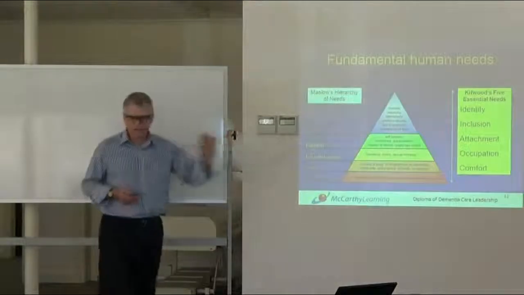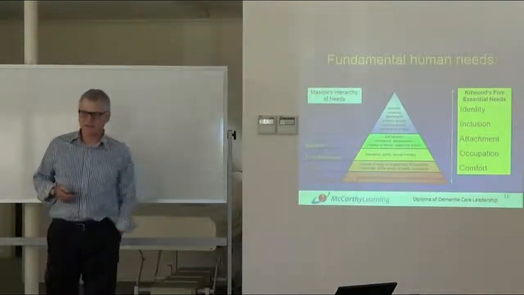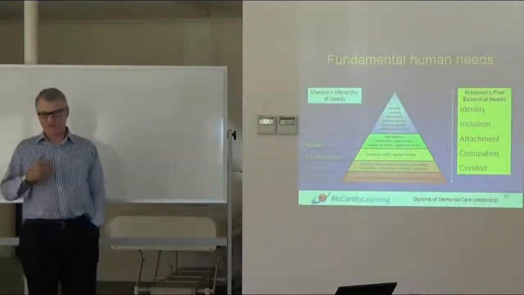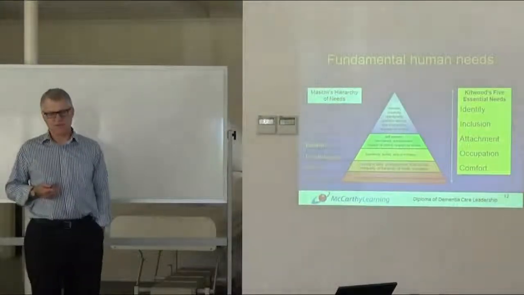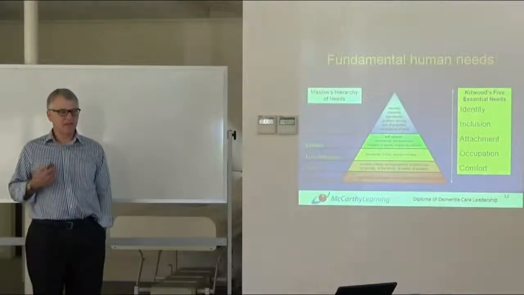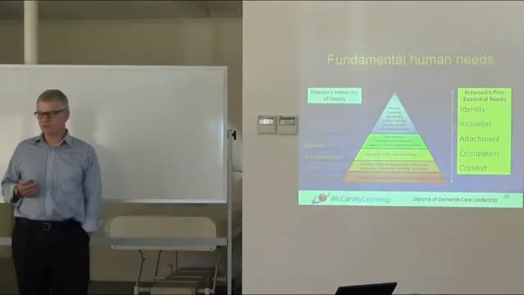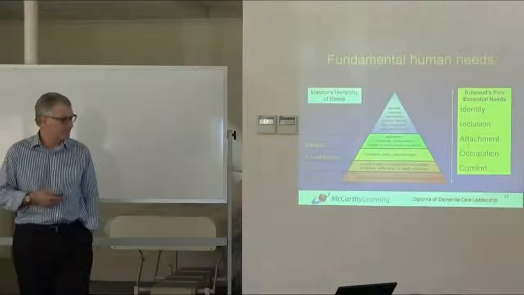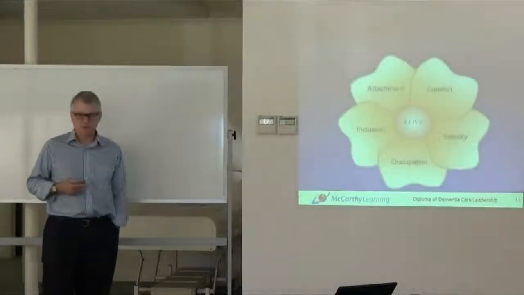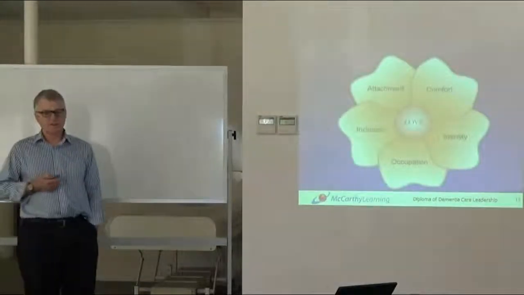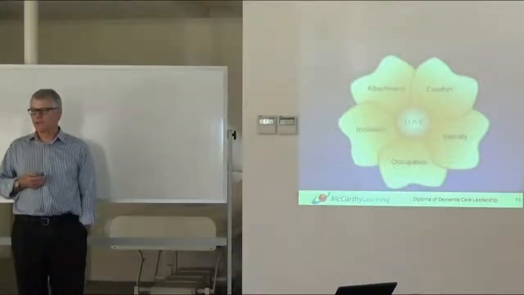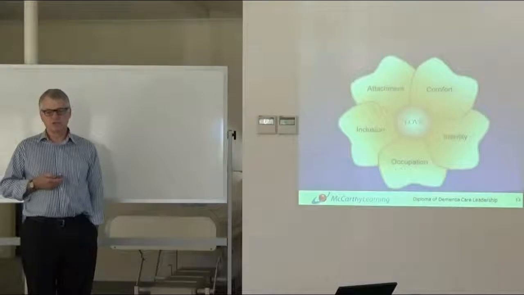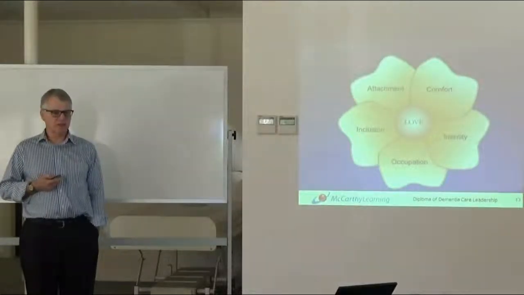So I'm not going to go through each of the needs, but just to illustrate the fact that our physical environment has implications for our social and emotional need level within ourselves. How we go about meeting our social and emotional needs has a lot to do with the physical environment. And as we saw yesterday, with the model that Kitwood presented of the person-centred approach, the flower is a really useful metaphor for these essential needs within the person.